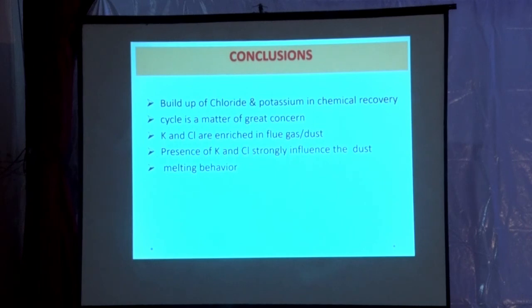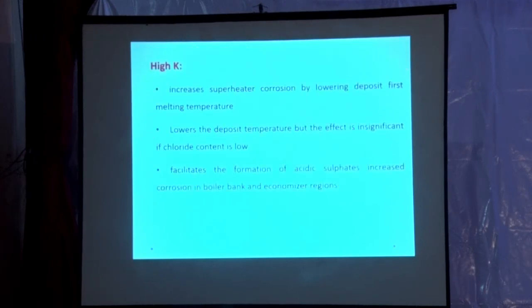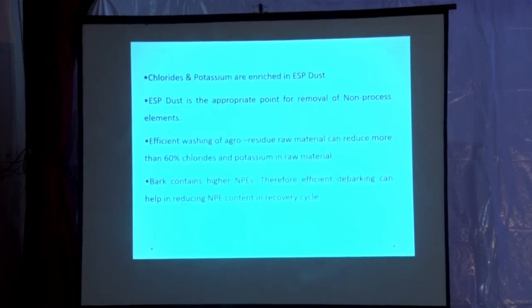Colloidal potassium influences the dusting behavior, and if present mainly as colloid in the black liquor, it will have an impact on the deposits in your upper region. It will increase your soot blowing, and it will decrease your thermal efficiency. This already I discussed.